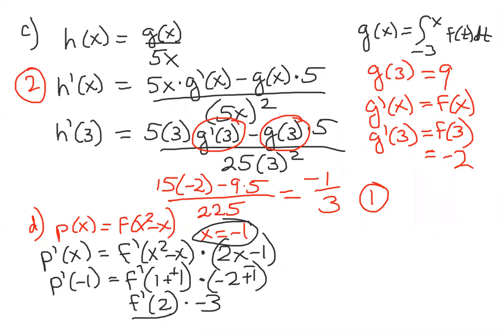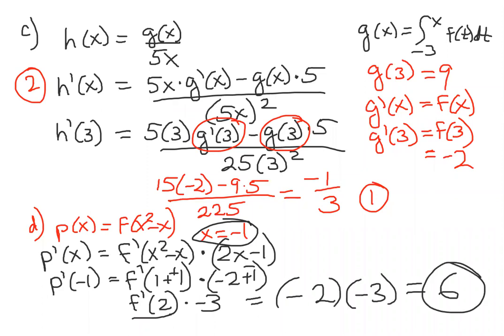So you can find the slope of that line, and that is -2. So we're going to say -2 times -3 equals 6. And that's the answer to part D. You get 1 point for your answer, and you get 2 points for taking that derivative right there, using the chain rule. All right, question number 4.